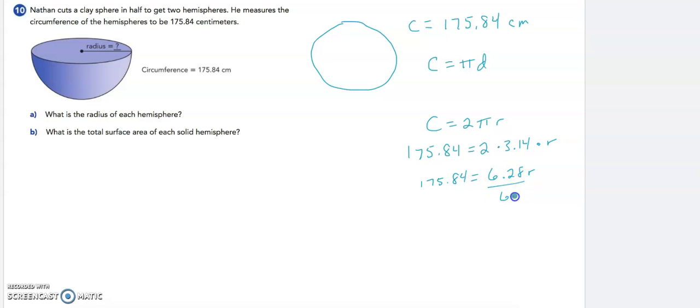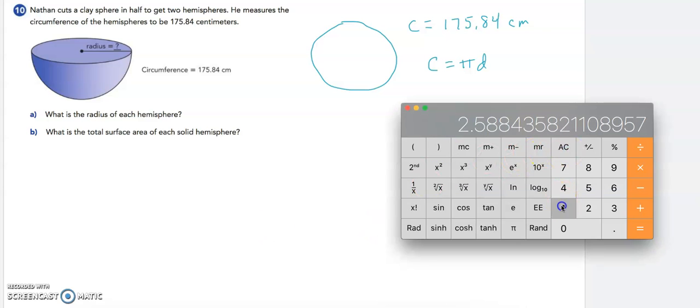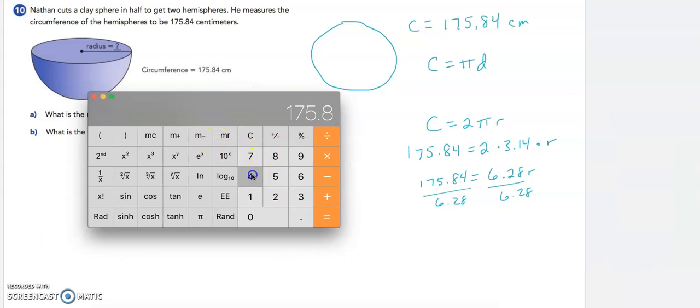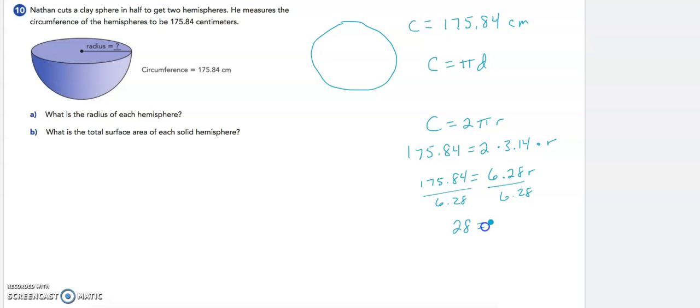Let's divide both sides by 6.28. 175.84 divided by 6.28 gives us 28. So 28 equals the radius. That's the answer for A.